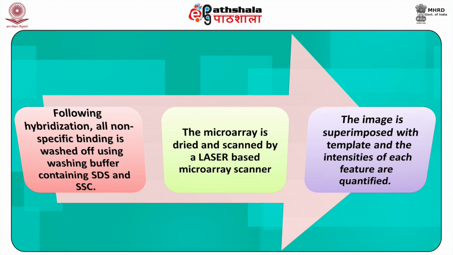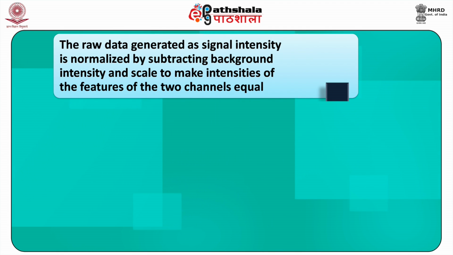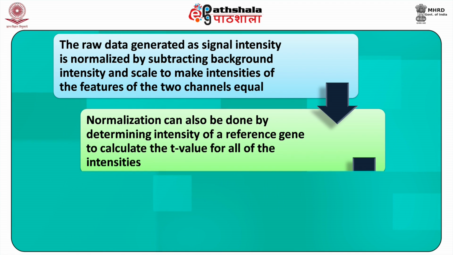The image is superimposed with a template and the intensities of each feature are quantified. The raw data generated as signal intensity is normalized by subtracting background intensity and scaled to make intensities of the features of the two channels equal.